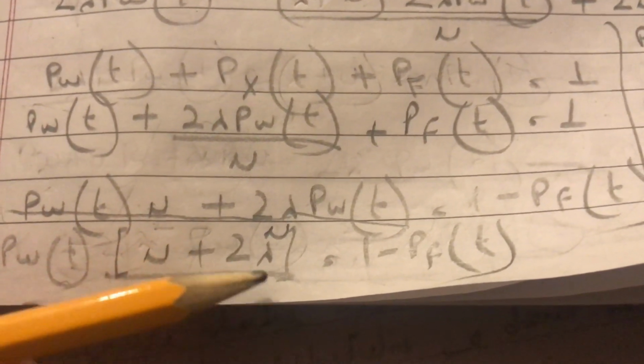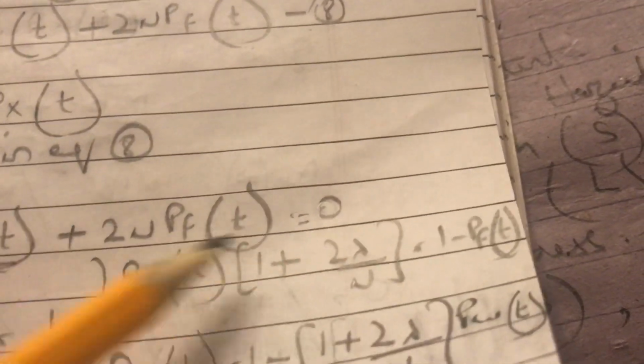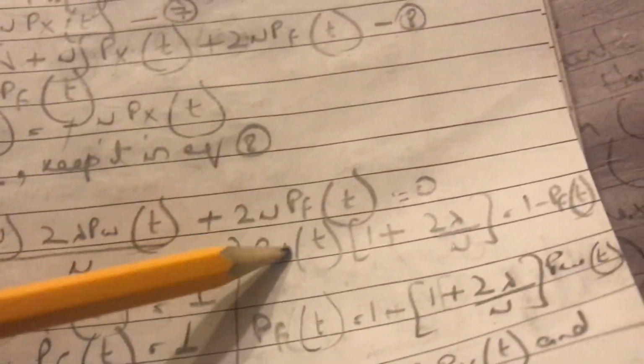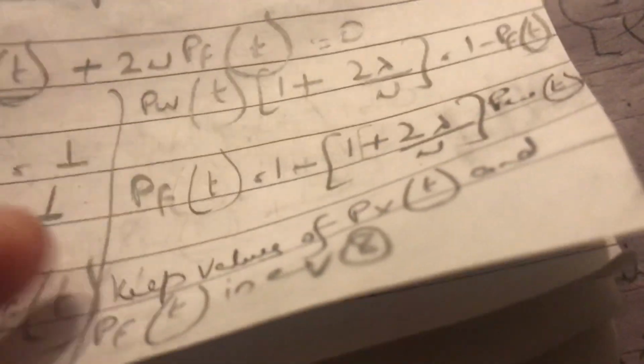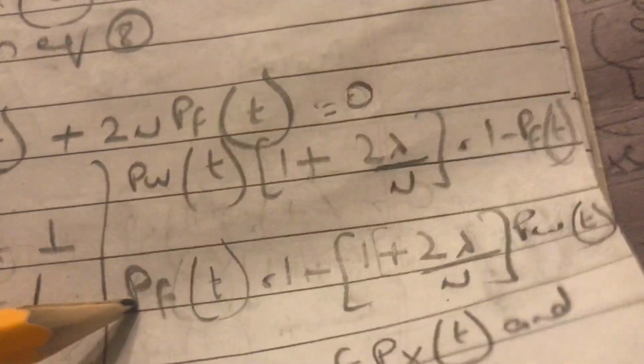And this 2 lambda over mu remains the same, so 1 plus 2 lambda over mu, and the rest are the same. pw of t is the same, so this comes here. And what's next, we want to know the value for pf of t.